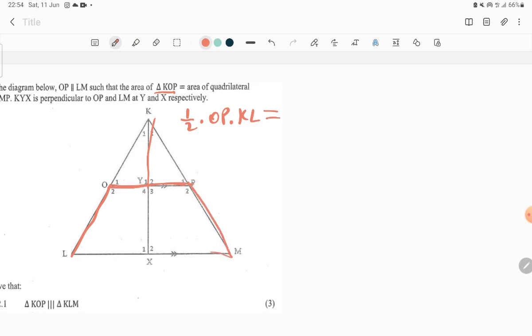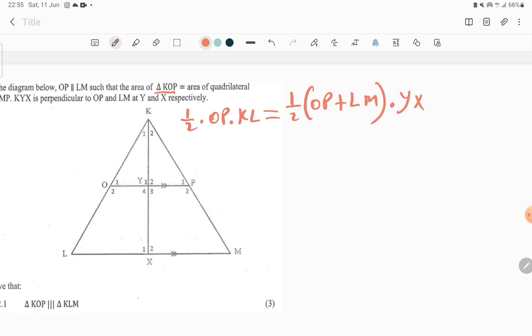I can call it a trapezium because there is one pair of opposite sides that are parallel to each other, and the area of a trapezium is 1 over 2 times the sum of the parallel sides, which are OP and LM now. Then times the perpendicular height, which is what now? Which is YX.